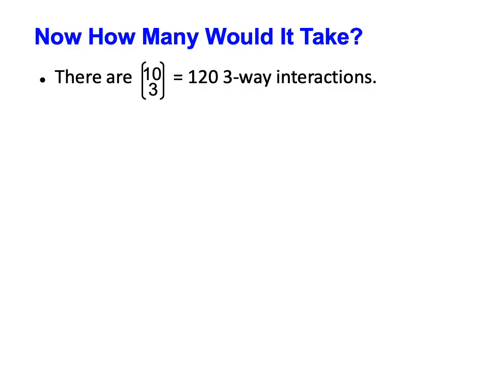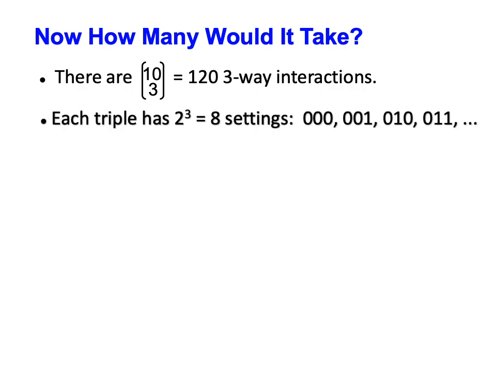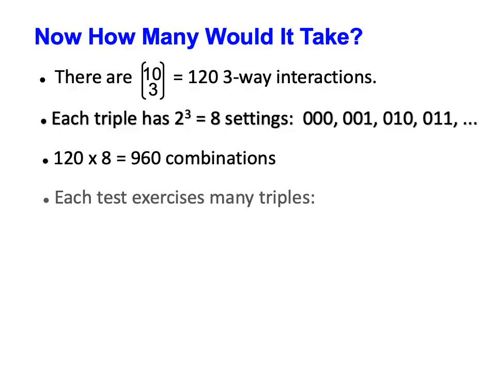We have, again, 10 choose 3, or 120 3-way interactions. And each of these has 2 to the 3rd, because 0, 0, 0, 0, 0, 1, and so on, 8 possible settings. So that's 120 times 8, or 960 combinations.